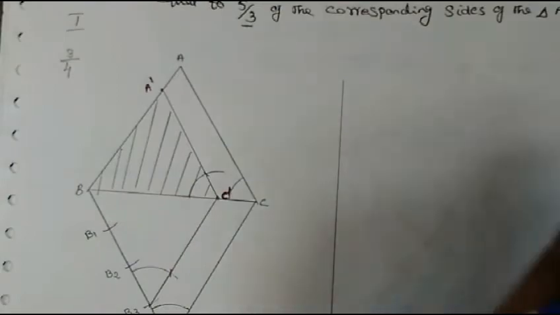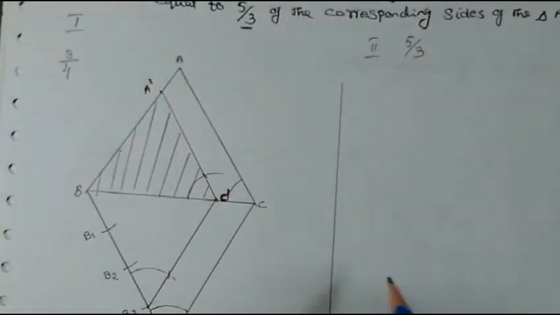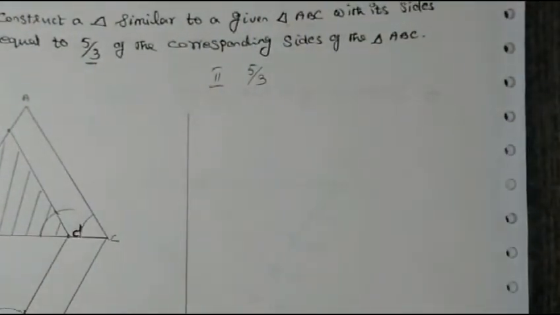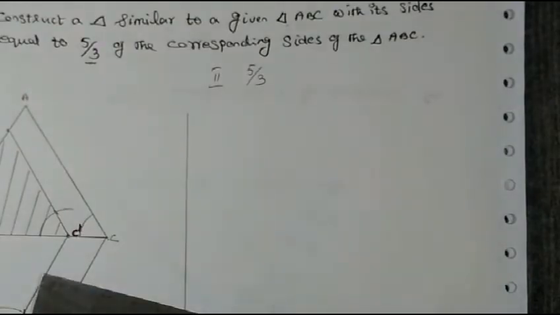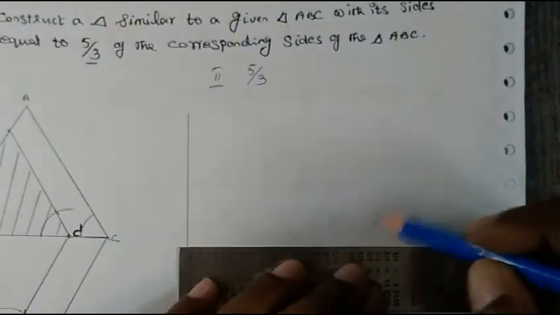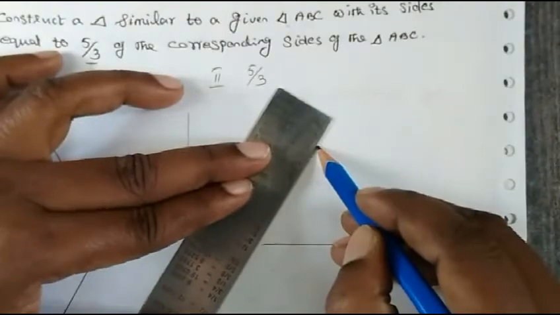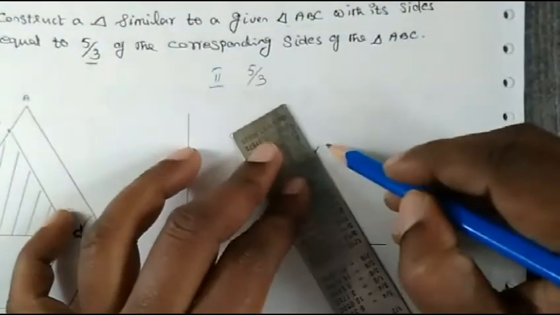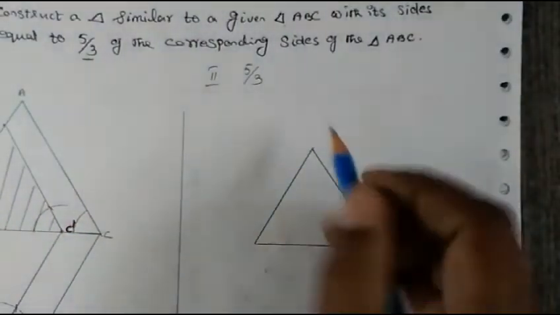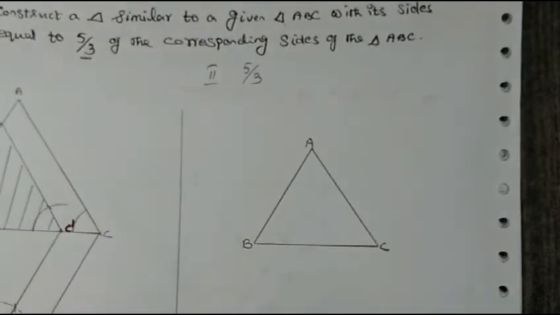Now let's do the second part. This is 5/3. So what we will do, same way you have to do it. First you have to draw the triangle. Okay, I'll name this as A, B, C. So now what we have to do?